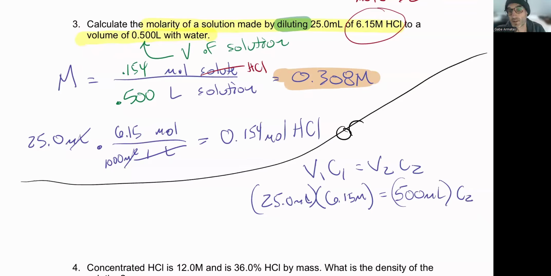What is the new concentration to be? Well, just do the math. What you're going to find out, 0.308 molar. Again, either one is going to work. So there we go. That's how we do those conversions. If you recognize it's a dilution, you can just jump straight to C1V1 equals C2V2.